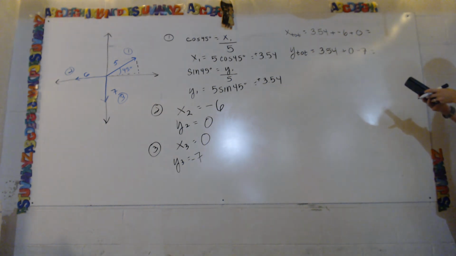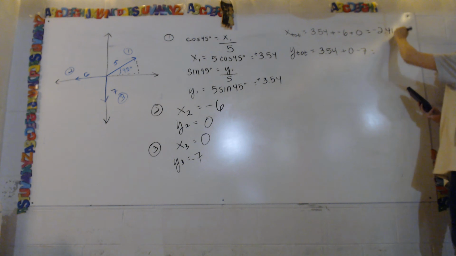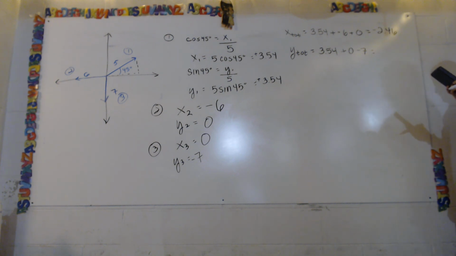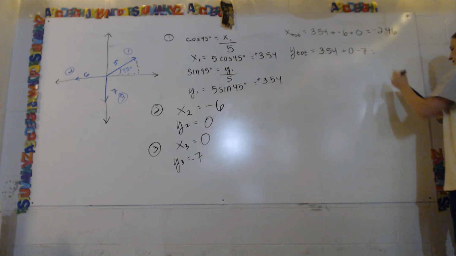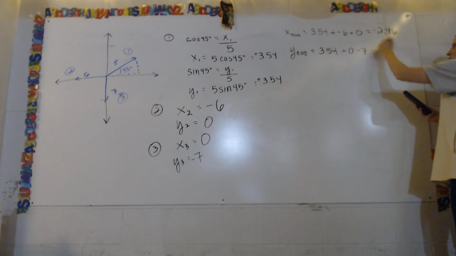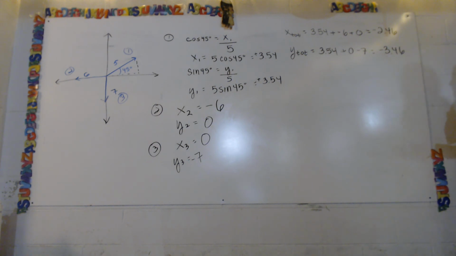So this gives me an x total of negative 2.46 and a y total of negative, oh, that's embarrassing. It's just one more. Negative 3.46. Sorry, I went into autopilot and put that in my calculator.